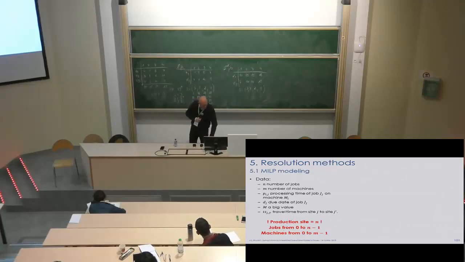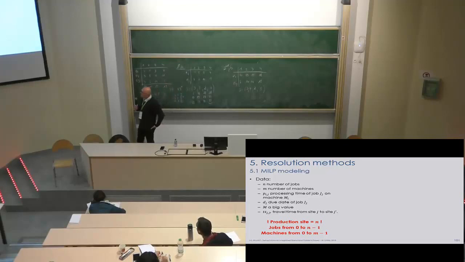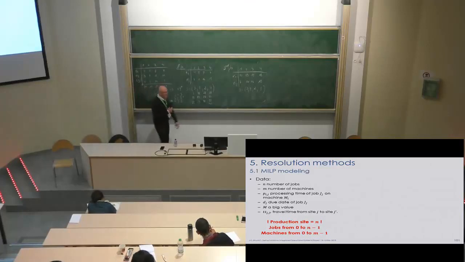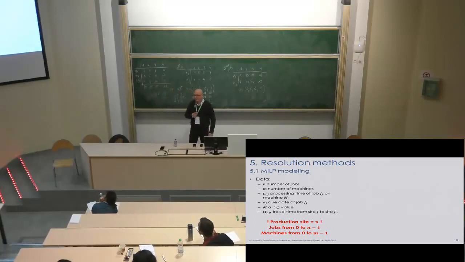So the data are these: number of jobs, number of machines, processing times, due dates, a big value, big M, and the travel times from site j to site j'. What is very important to notice is that the production site is N. The jobs are numbered from 0 to N minus 1, and the machines from 0 to M minus 1.